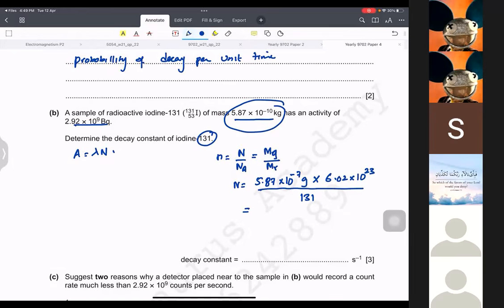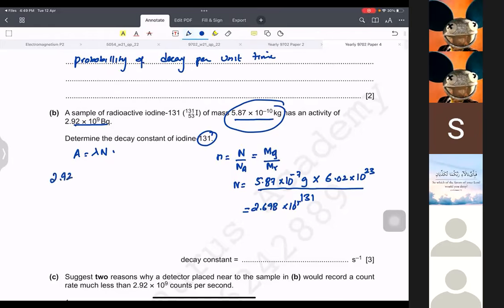So what do you get as N? 2.698 times 10 power 15. That's what you get. Okay, what do you do then?